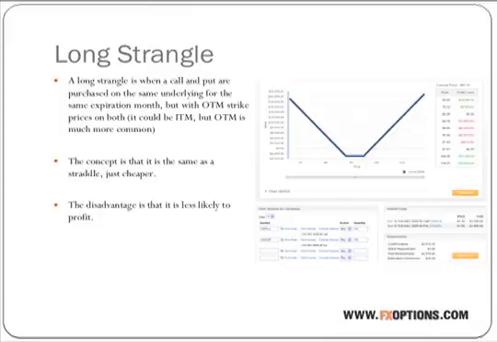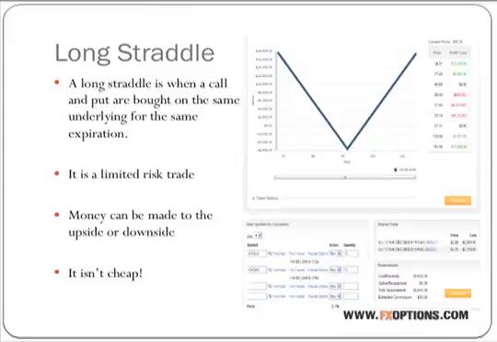The enemy is non-movement. So if that stock or that currency option or that underlying currency stays within that range, or it just doesn't move at all, that's your enemy. And not only do you lose money on the call expiring worthless, but you'll also lose money on the put expiring worthless. You're taking on double premium risk when doing this trade.